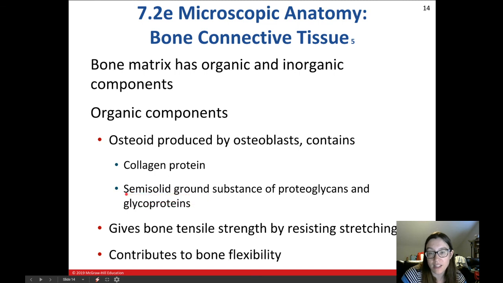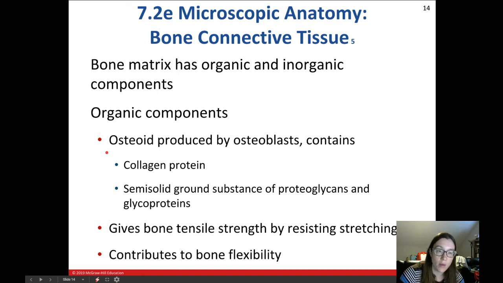It also contains that semi-solid ground substance of proteoglycans and glycoproteins, right? So that's the protein with a carbohydrate attached. And we talked a little bit about proteoglycans when we mentioned the different things that go into ground substance. And so this collagen and proteoglycans and glycoproteins, all of it is sort of semi-solid.